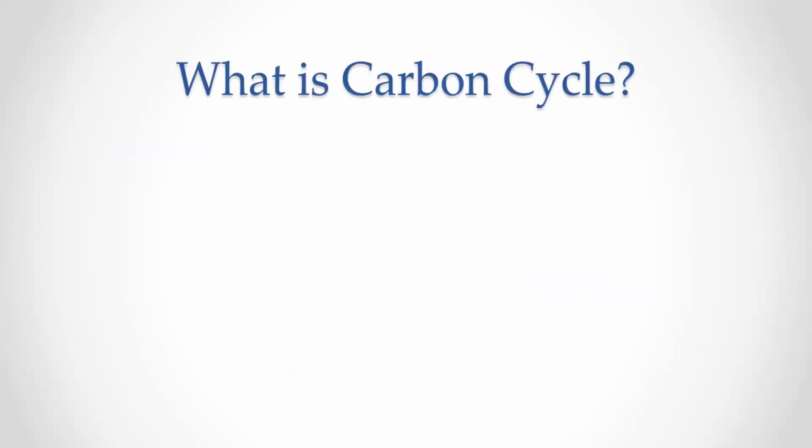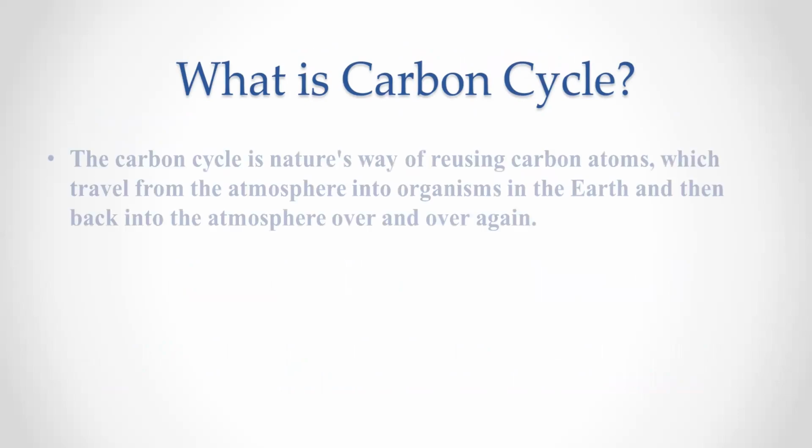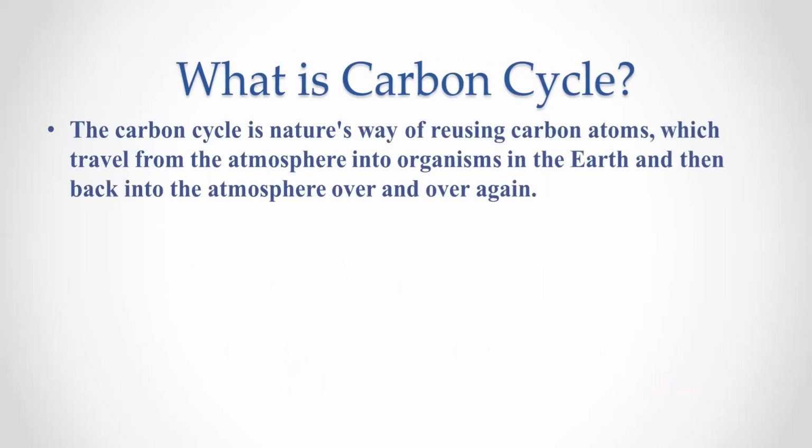Now we come to the carbon cycle. If someone asks you to define the carbon cycle, we can say that the carbon cycle is nature's way of reusing carbon atoms, which travel from the atmosphere into organisms on the earth and then back into the atmosphere over and over again.